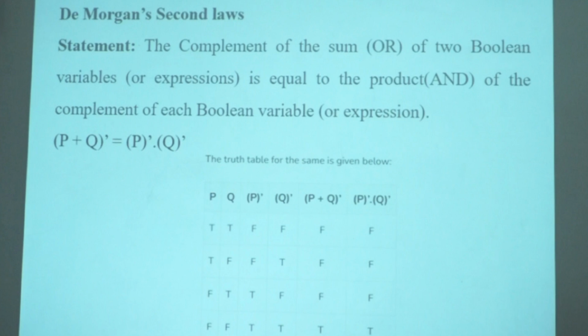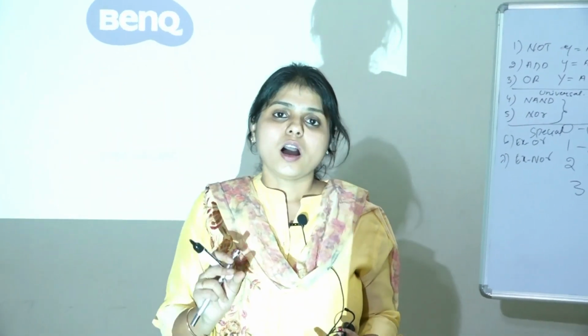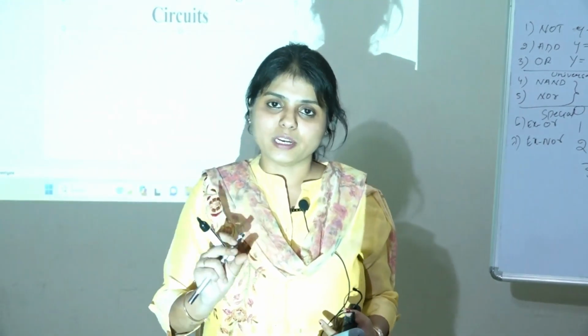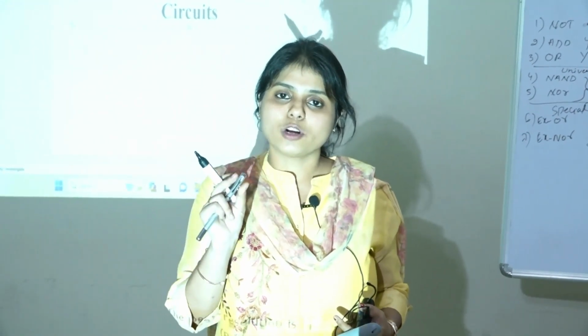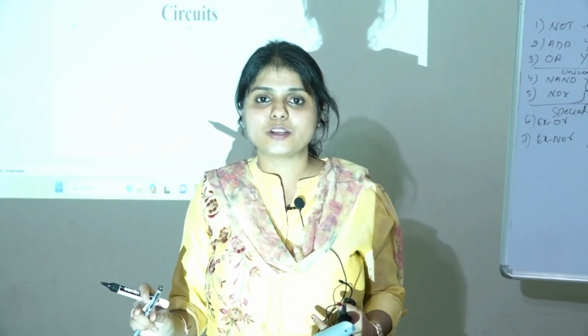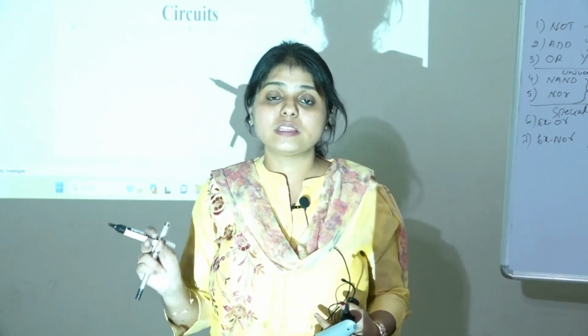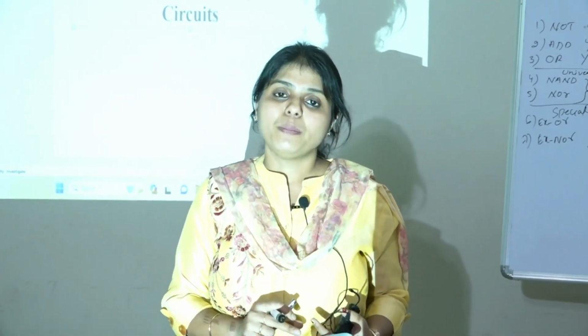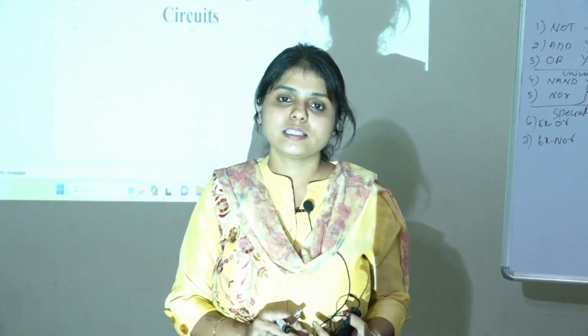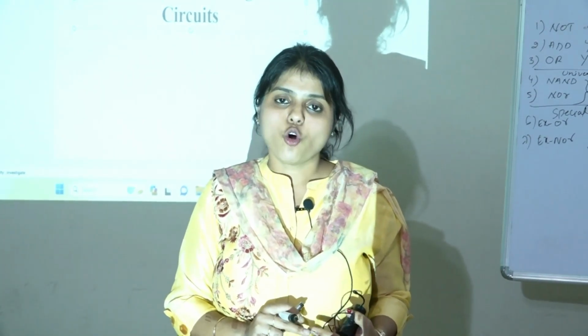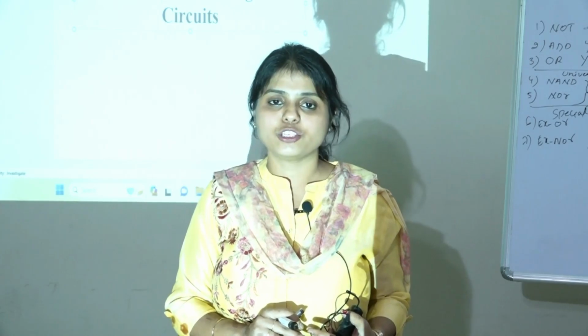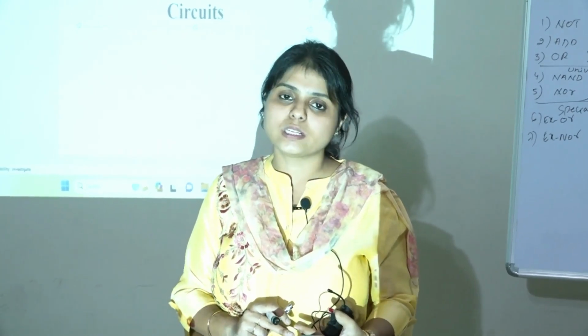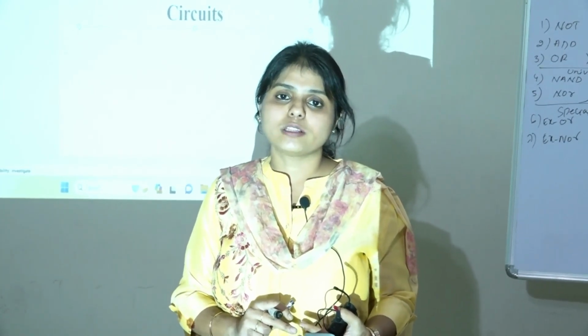So in today's class we have discussed how digital circuits differ from analog circuits, what digital logic is, what digital circuits are, and what logic gates are. We have seen three types of logic gates: basic logic gates, universal gates and special gates. AND, OR, NOT are the basic logic gates, NAND and NOR are the universal gates, and XOR and XNOR are the special gates.